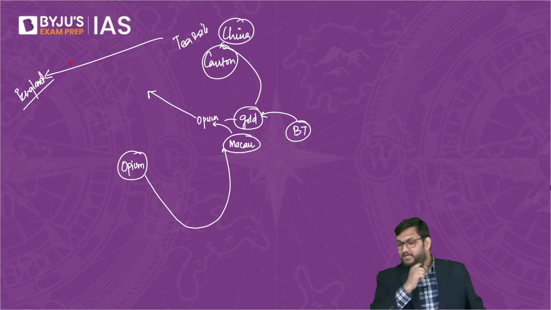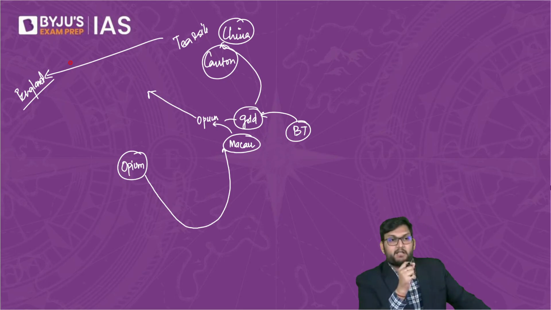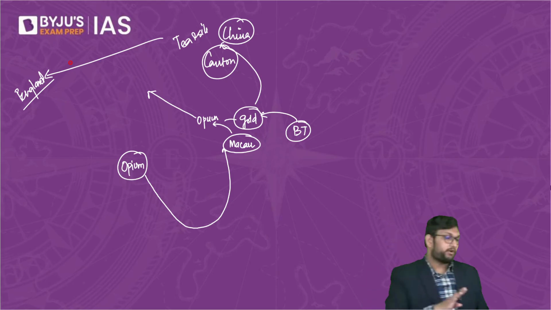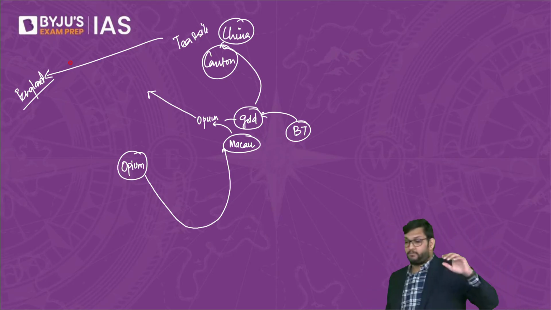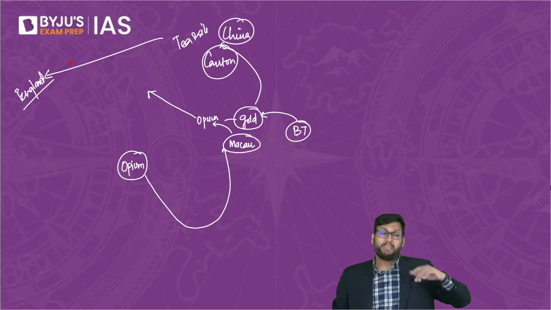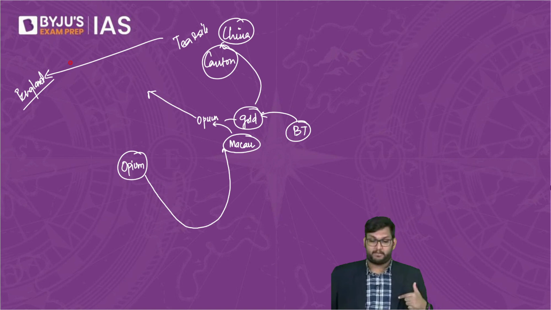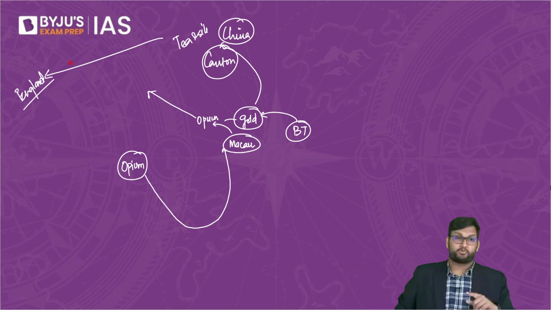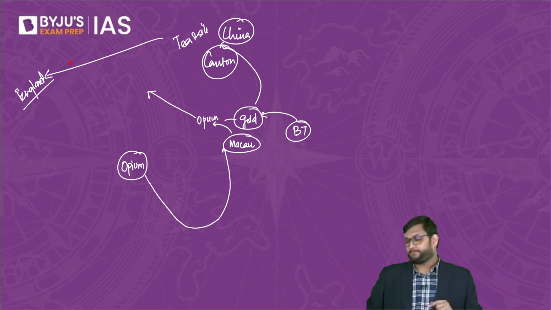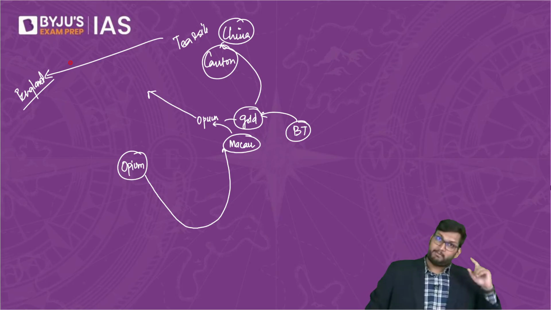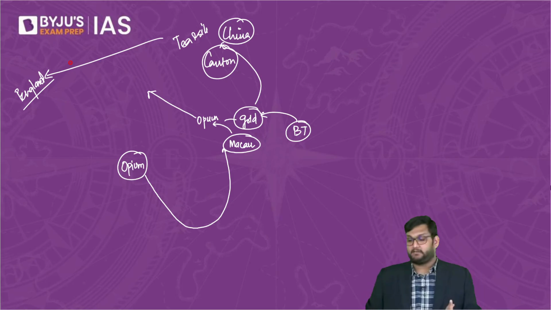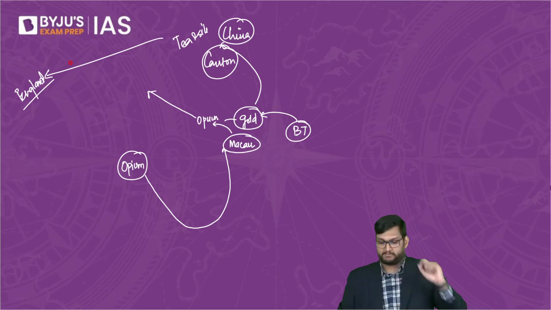Basically, they literally drugged the Chinese to get their own commodities. In order to make sure that the onus does not fall on the British, they never used to do it themselves. The smuggling was done by the Indians for the Britishers.